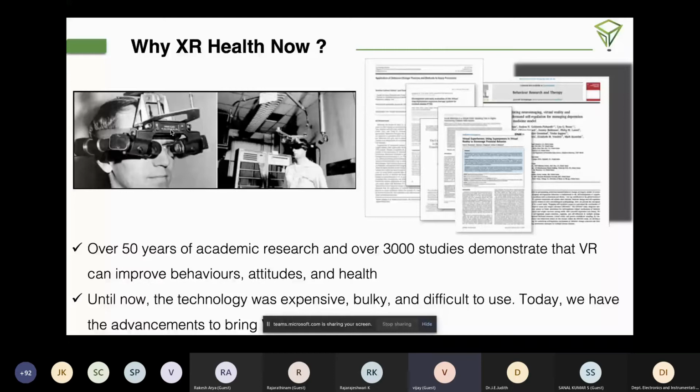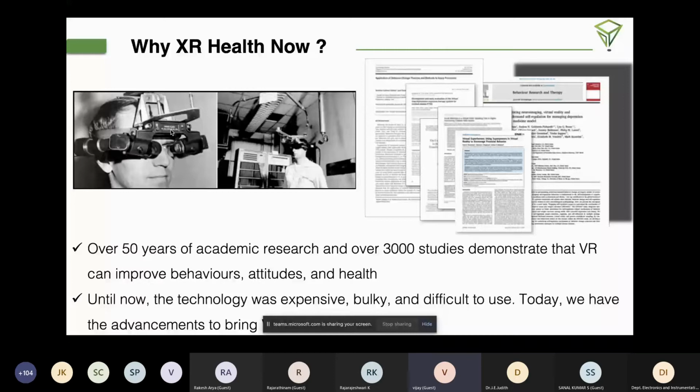But using those primitive or whatever was the latest at that time, now it is primitive, they already established the importance and the effectiveness of VR that can improve the behavior, attitude, and solve many of the current big healthcare problem that we talked about, which is the depression, mental health, surgery training, collaboration, rehabilitation, etc., etc.